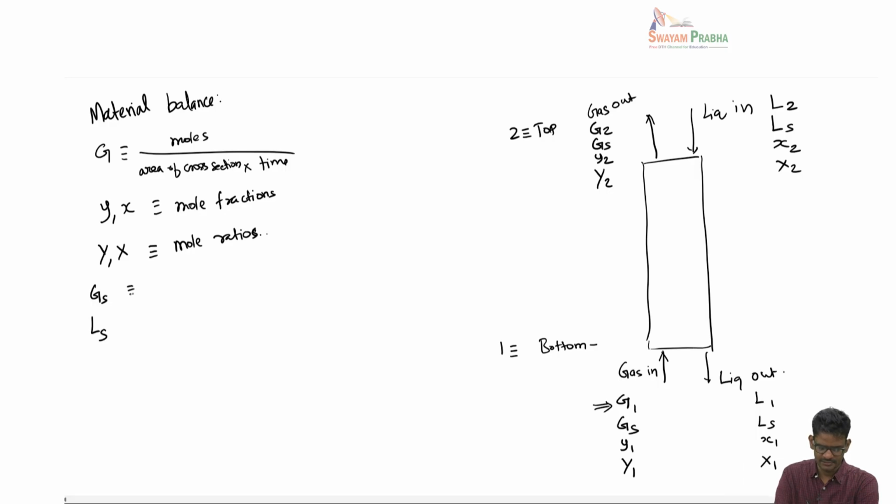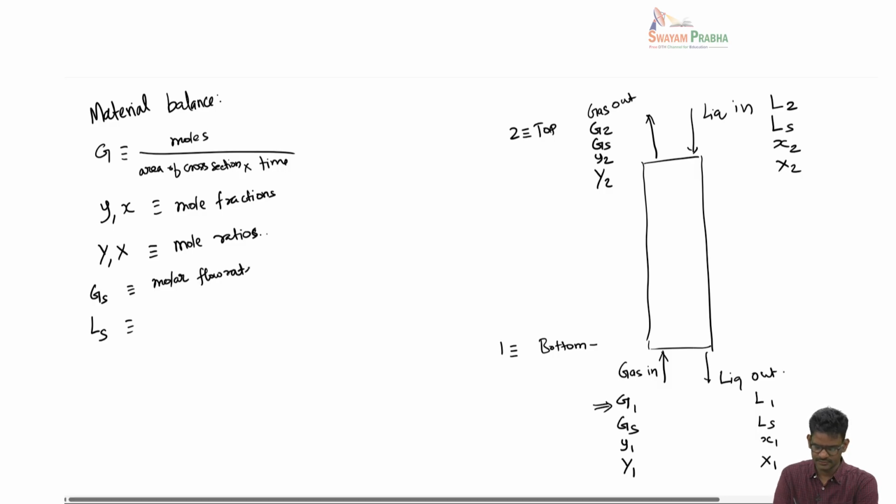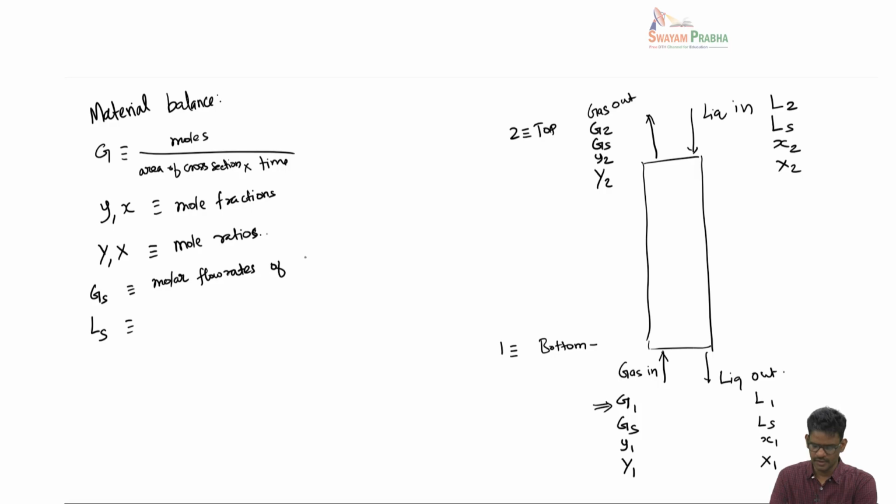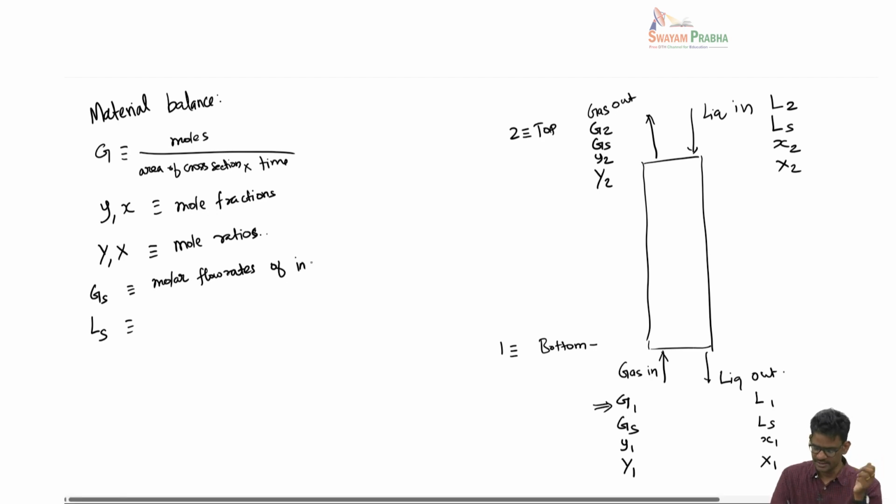GS and LS are molar flow rates. GS is actually the insoluble gas molar flow rate, and LS would be the molar flow rate of solute free liquid.